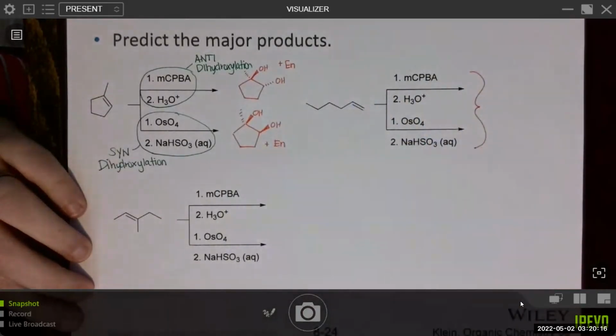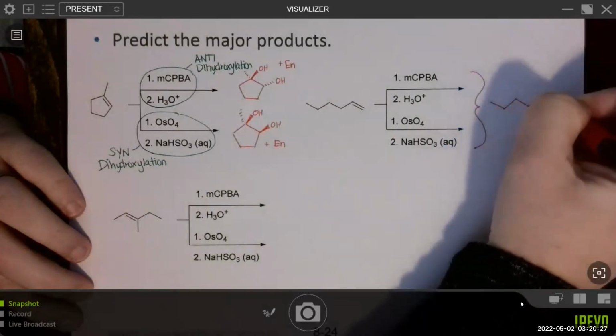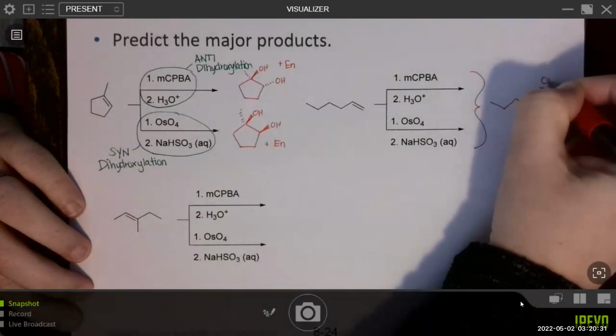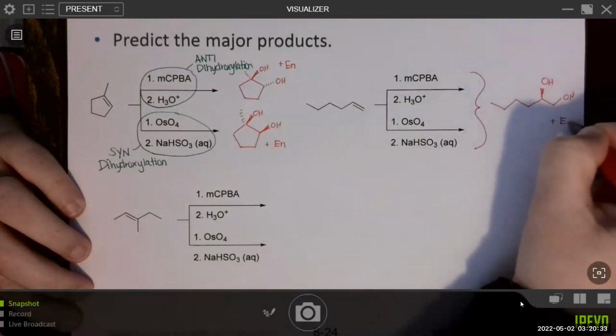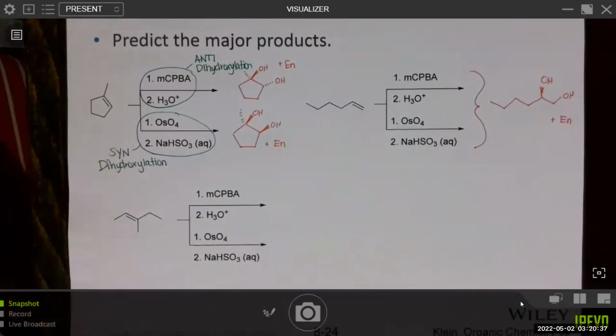They do give you different stereochemistry, but only when two chiral centers are formed. And in this case, only one is formed. So either way, we would get the same product.